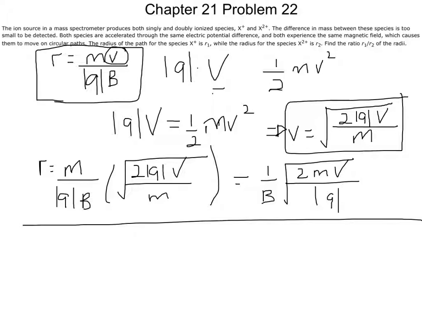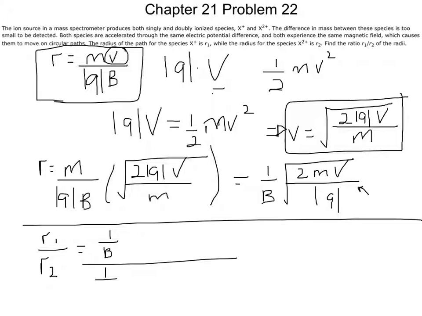So now they ask us to find the ratio of R1 to R2 of the radii. So you just use what I calculated above.